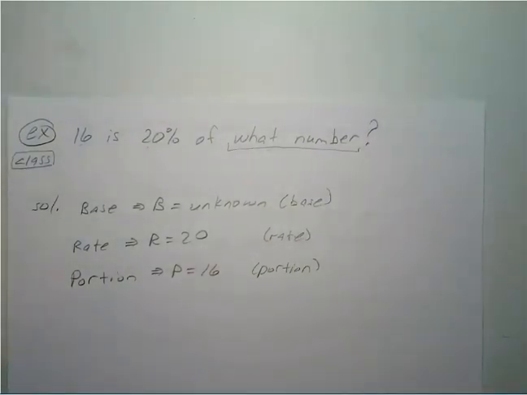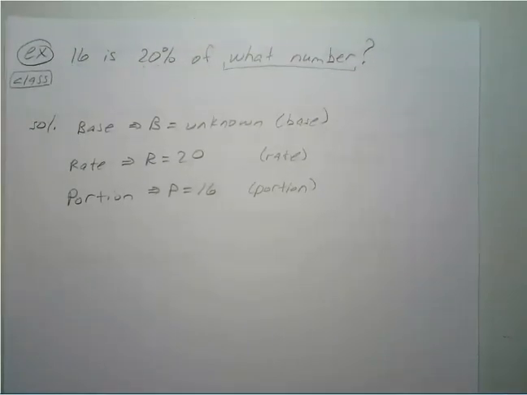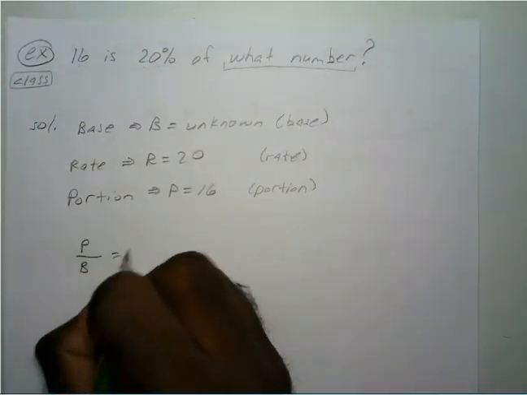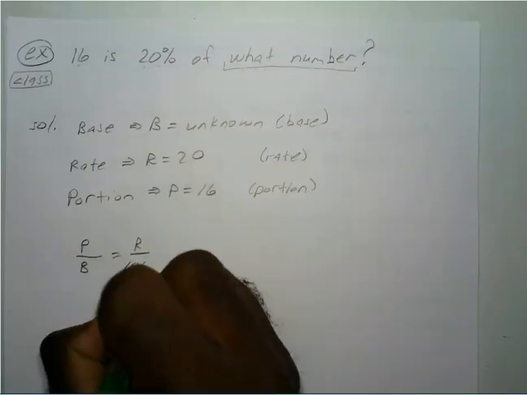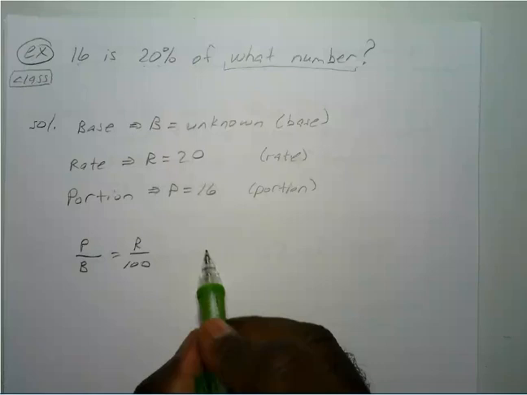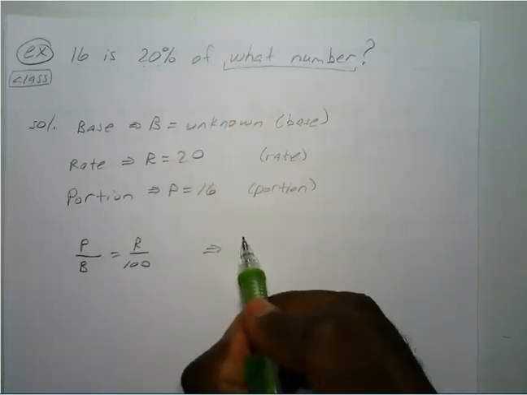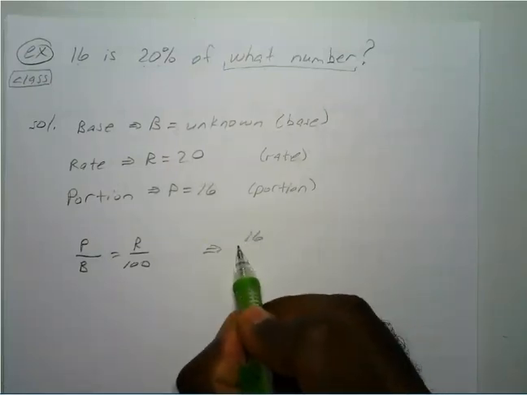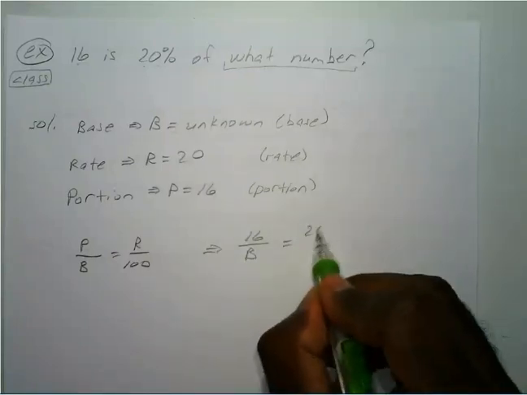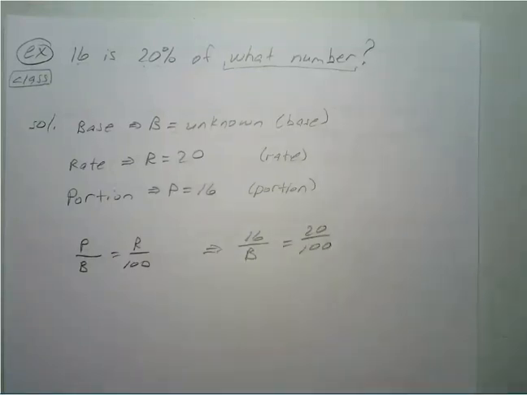Okay, so now we go ahead and plug them in. Portion over base is equal to our rate over 100. All right, so if we plug those in, we have 16 over our unknown base is equal to 20 over 100.